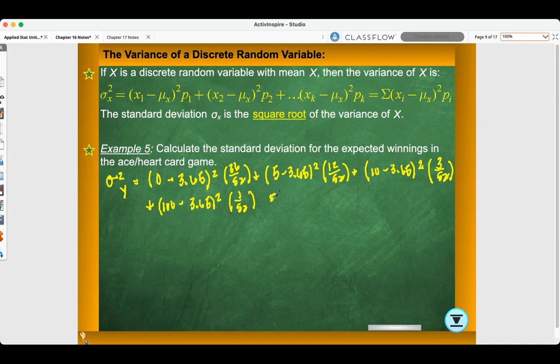This would give us about 190.496. So to find the standard deviation of y, we would have to square root 190.496. When I square root that, I get about 13.802. So the standard deviation is about $13.80.